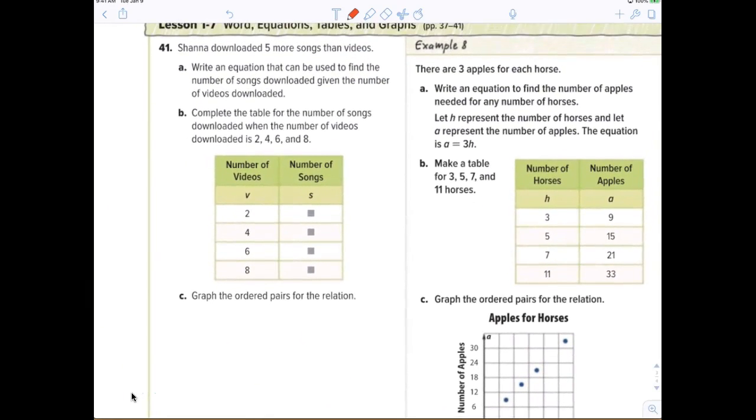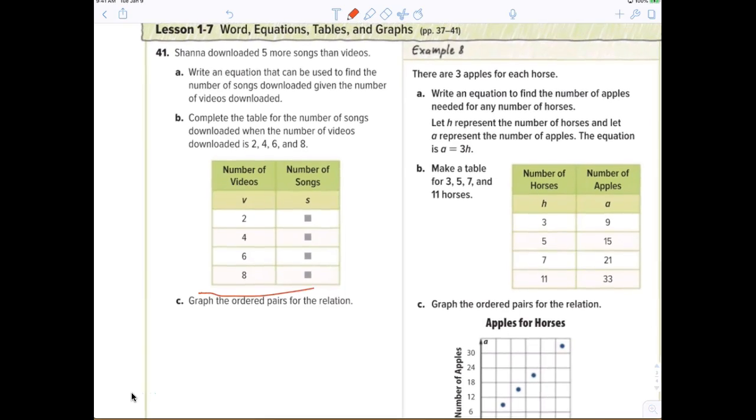Now, Shayna downloaded 5 more songs. Come on now, here's where you've got to be smart. 5 more songs than videos. So they made a table, essentially. Do you agree with this? And now it says that if she downloaded 2 videos, that means she downloaded what? 7 songs.